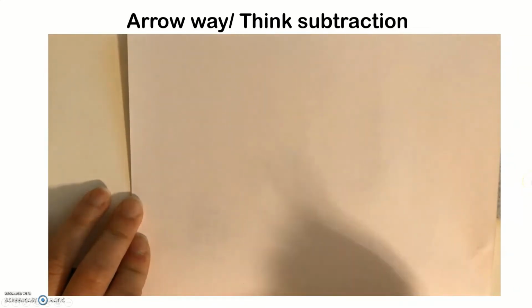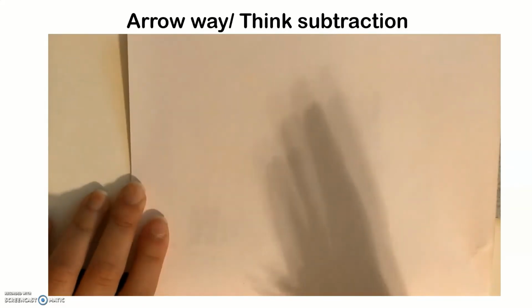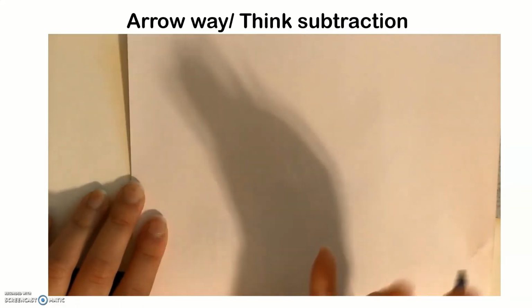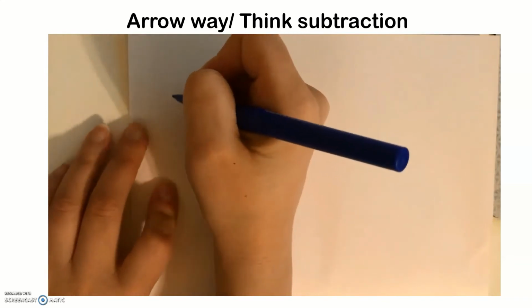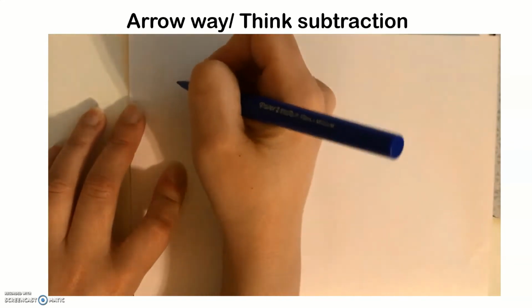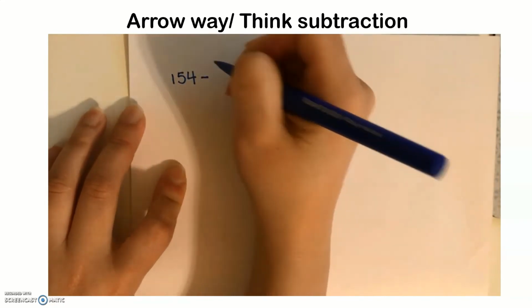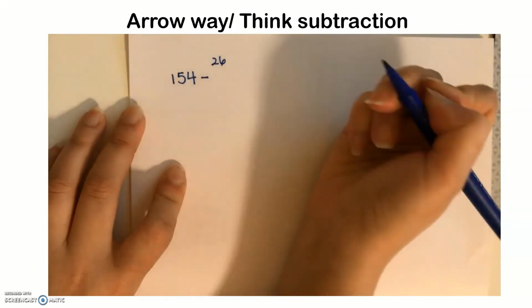Alright, and our last method was the think subtraction or the arrow or like the number line way. You can do it in any type of way possible. For the arrow way, what you can do is something like this, where it looks like you start off with 154, you're trying to subtract 26.